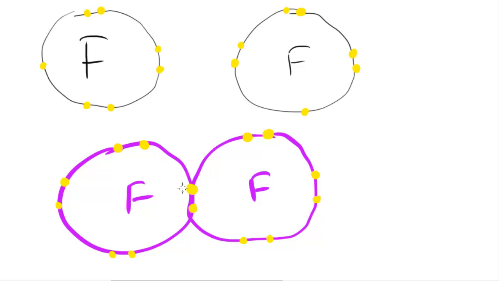separate these into single atoms before I form that bond, will I use more energy forming the bond than I use to separate the electrons? And if it takes in more energy to separate the electrons than it loses from forming the bond, then it probably just won't do it, because it's going to gain more energy overall by doing that.